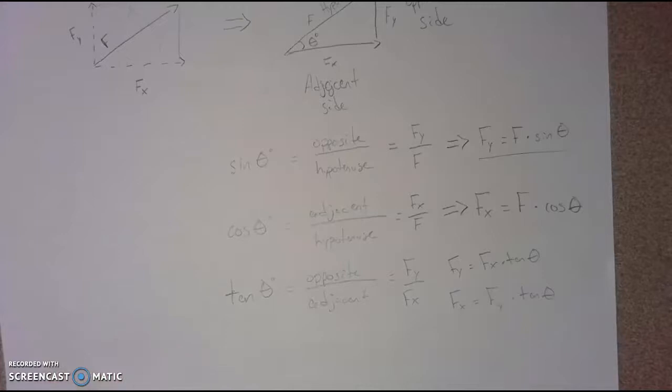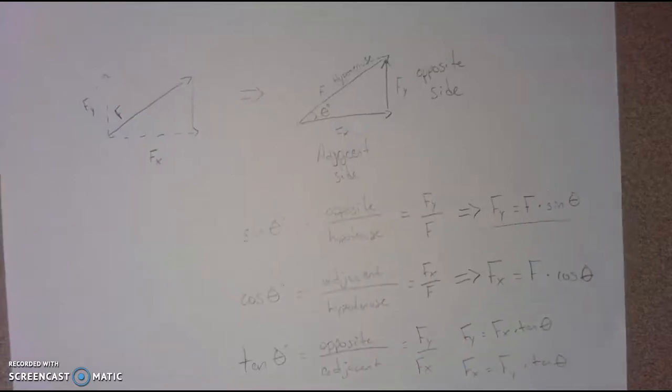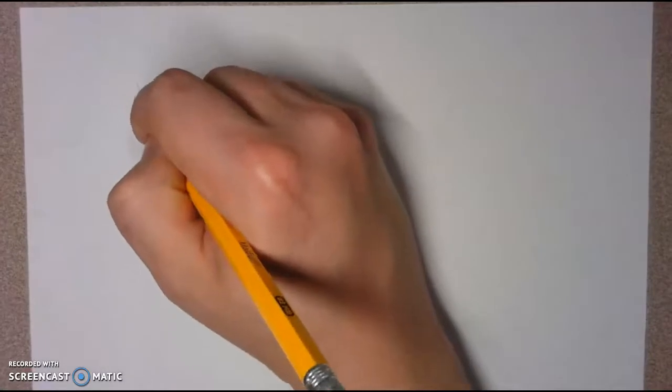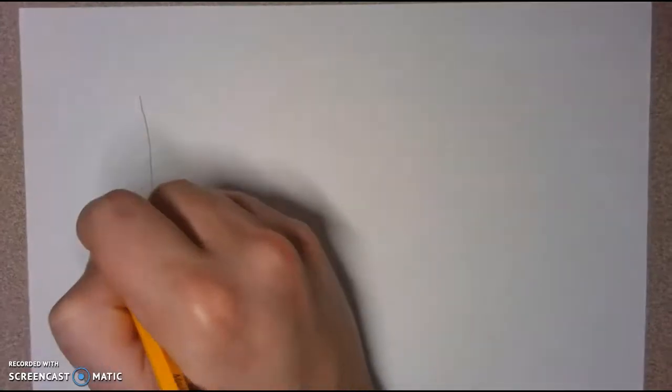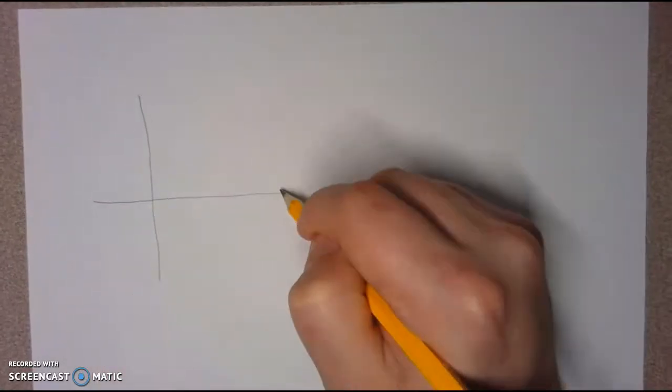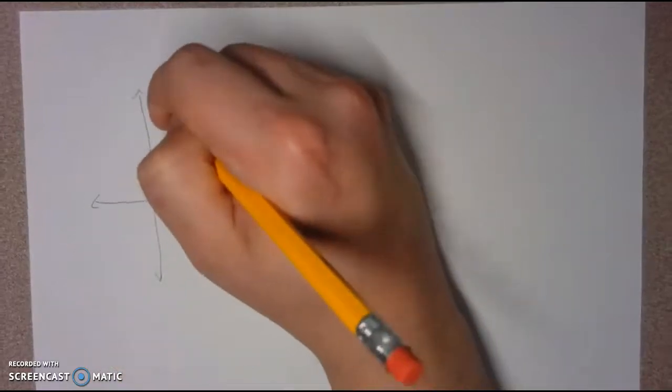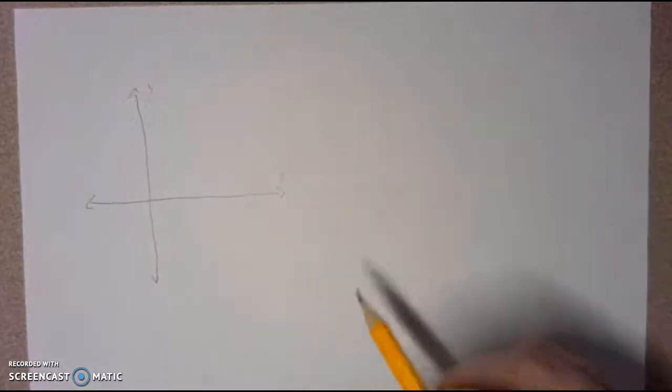So let's use what we just learned to solve a quick example. We're going to use F again, just so it's nice and easy. So F is a vector that exists in our regular coordinate plane here. Okay, so we get y and x, like that.